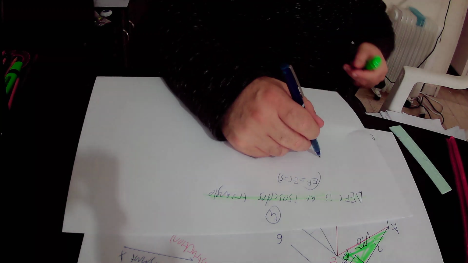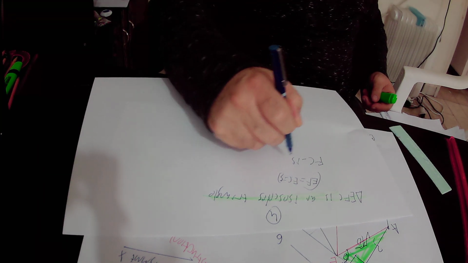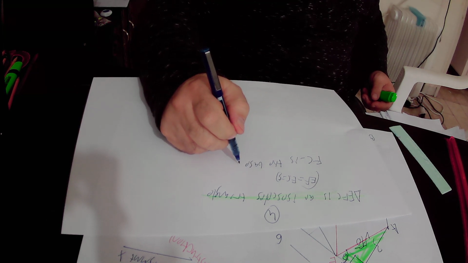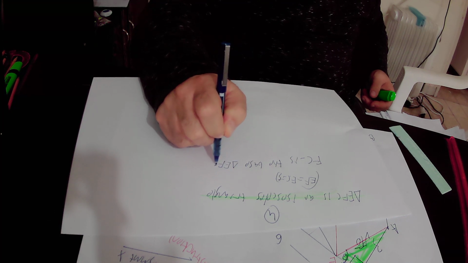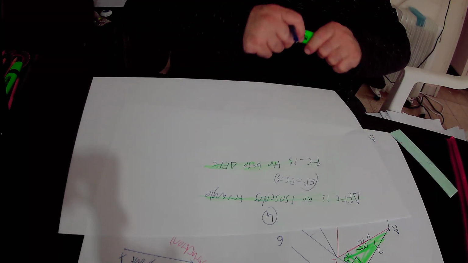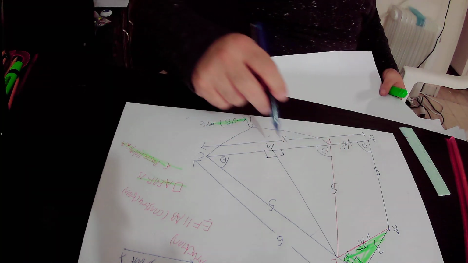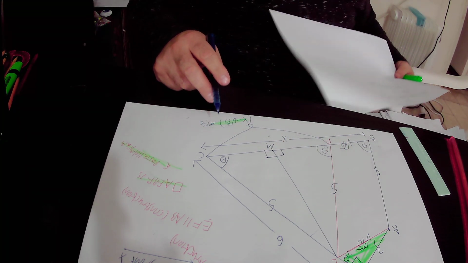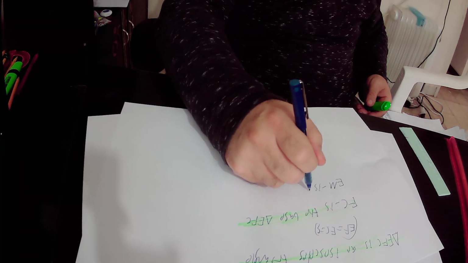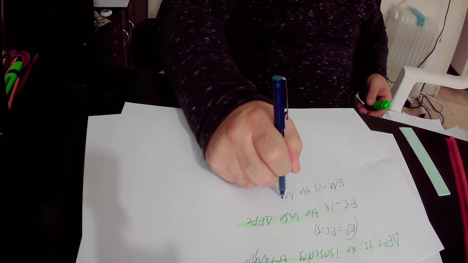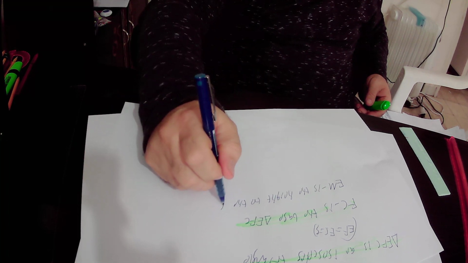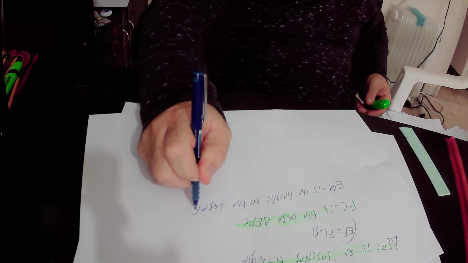FC is the base of the isosceles triangle EFC. And EM is the height to the base FC.